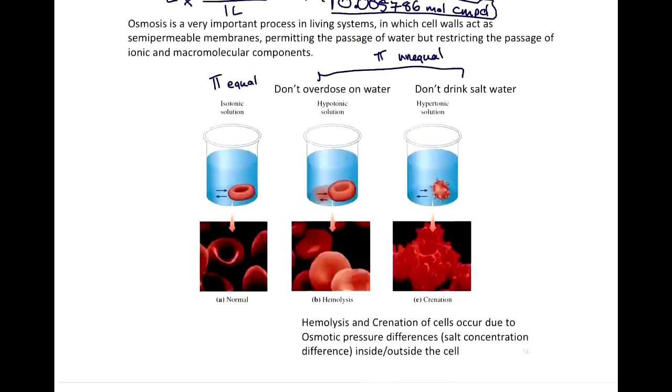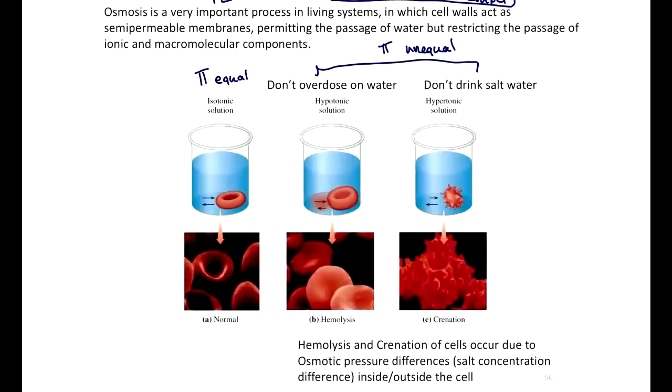Okay, wait, one more thing about osmotic pressure. I mentioned that cells are an example of semi-permeable membranes where only water can freely move in and out of a cell. So here are some examples of red blood cells and what happens to them when you put them in solutions that have either high osmotic pressure or low osmotic pressure, because a red blood cell exerts a certain osmotic pressure on its own, since red blood cells contain salts within them.